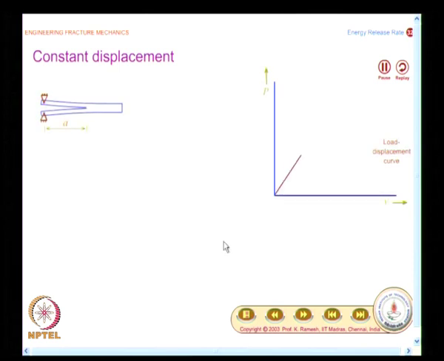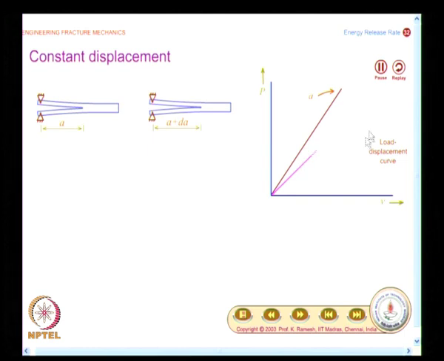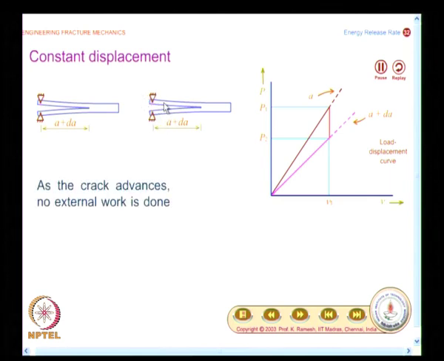Then we look up constant displacement. So, here again you have two systems, one in which crack was initially A, it has propagated to A plus delta A, and you have these graphs, and the point of application do not move, it is called fixed grips.